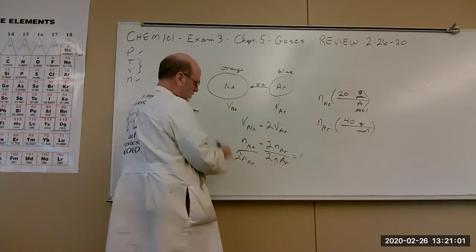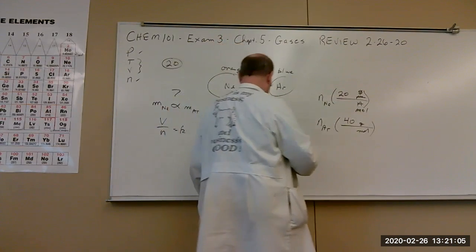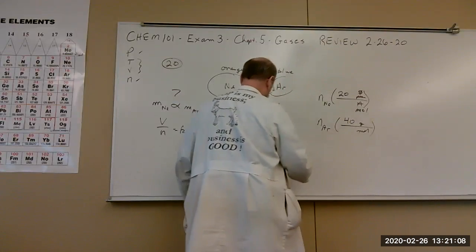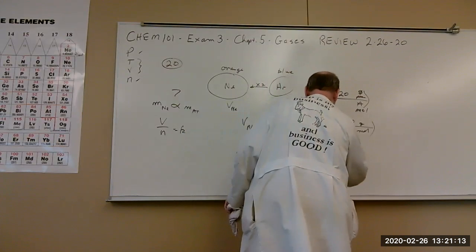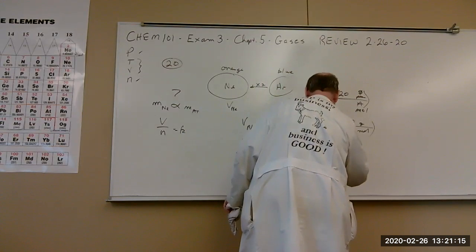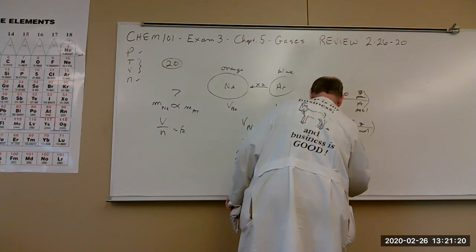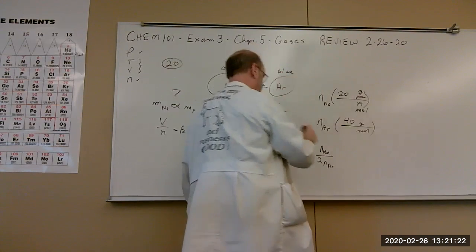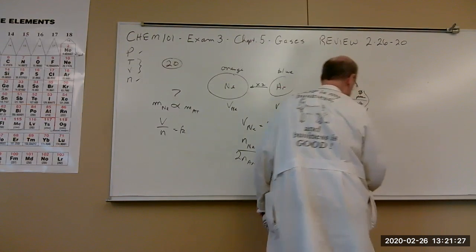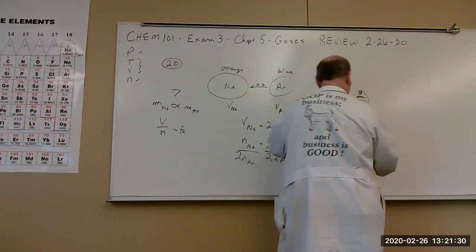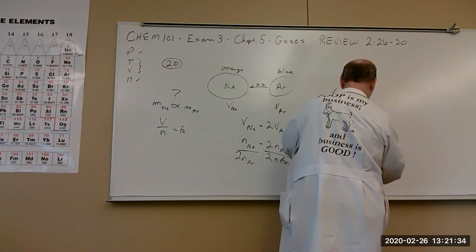We got this ratio. Now that we've got that ratio, we can convert the ratio to mass. So let's put it over here. Moles of neon per 2 moles. Now we can convert each one to mass. So mass on top for neon is 20 grams per mole.